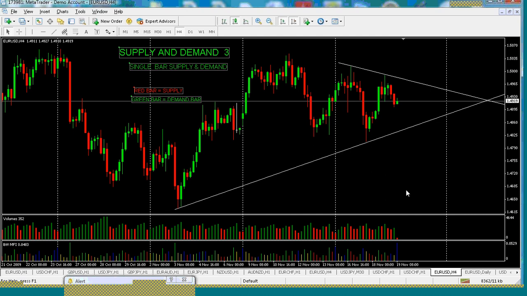And again, it works the same way in reverse. On the way down, these red bars are supply bars. But when price starts to move back up, they are demand bars, and we already talked about why. This is what helps the market go up.